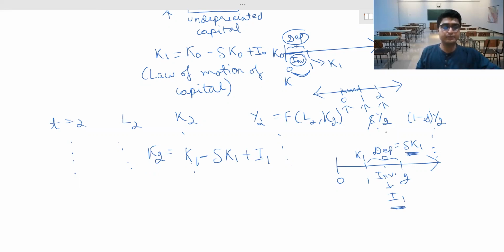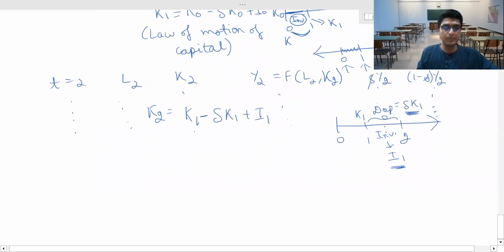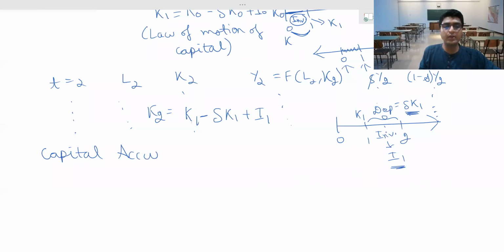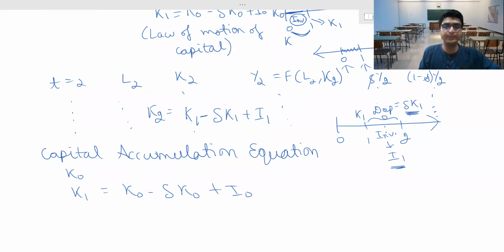So this is also called the capital accumulation equation. Initially you have K0, then you have K1, which is equal to K0 minus depreciation of K0 plus I0.